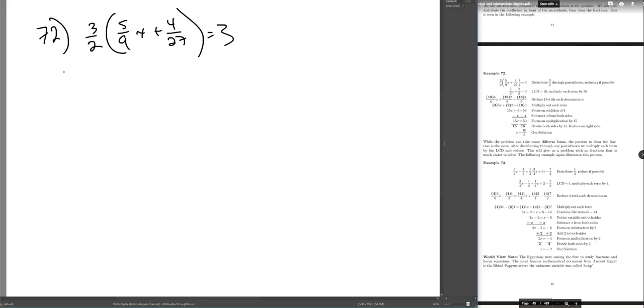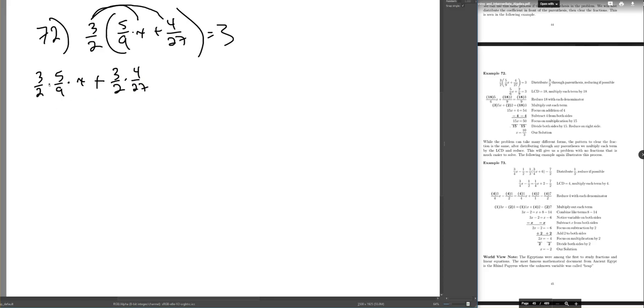So we said 3 over 2 multiplied by 5 over 9 multiplied by x. Remember, when a number is stuck to x, you really assume a multiplied sign here. And then they're saying plus 3 over 2 multiplied by 4 over 27.